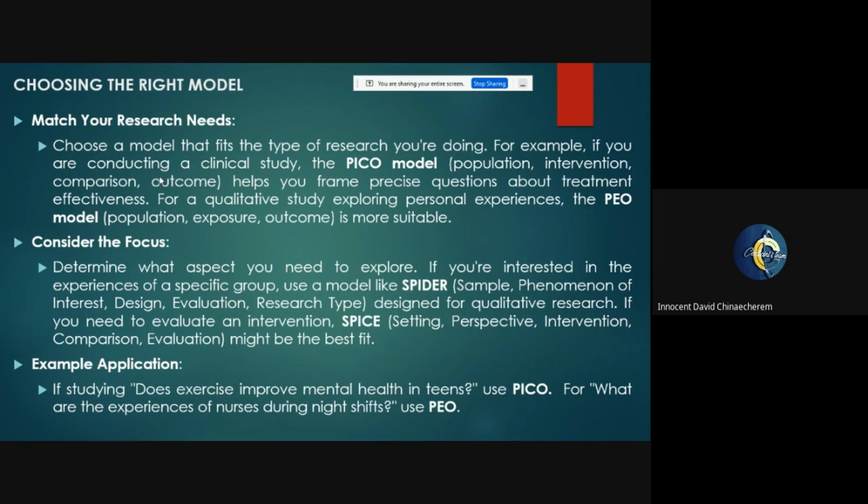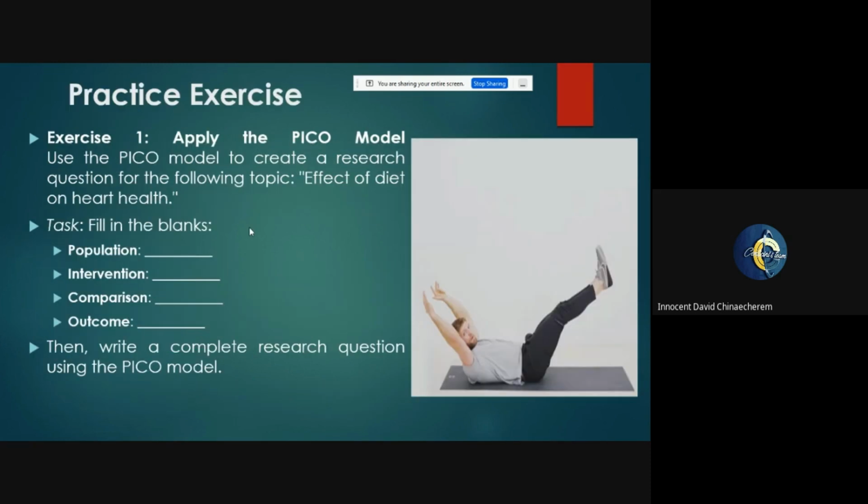So gradually we are coming to the end. We have a couple of practice exercises here. You have to apply the PICO framework to create a research question out of the effect of diet on heart attack. Just make it very complex. You can also work on 10 more titles using the PICO model.